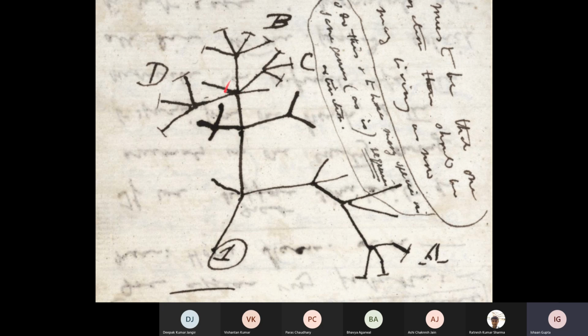So if you compare the sequences in closely related species, they will be similar. Sequences in distantly related species, let us say D and C, will be different.